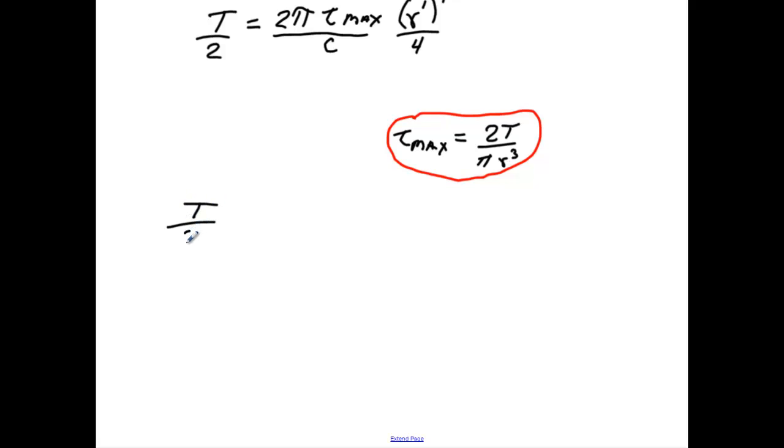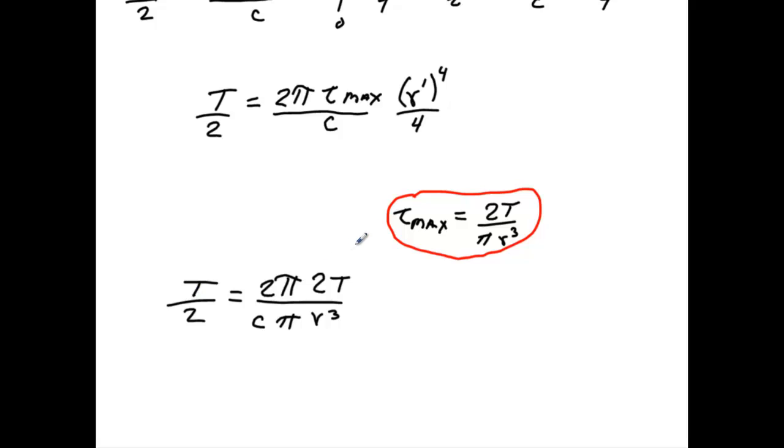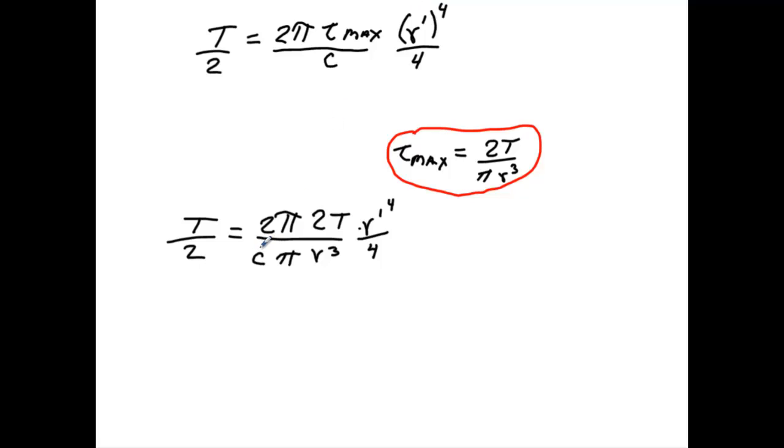T over 2 is equal to 2 pi times 2 times t over c times pi times r cubed times r prime to the 4th power over 4. Okay, now the last thing we know is the c value here.